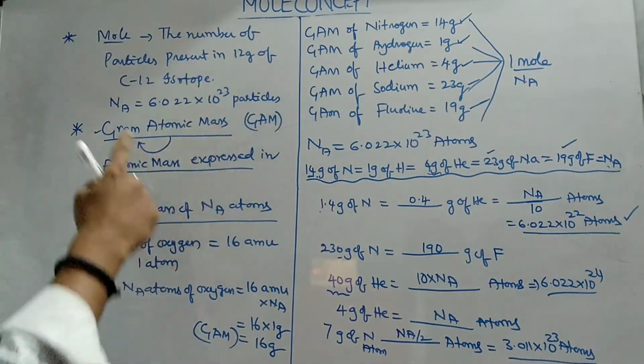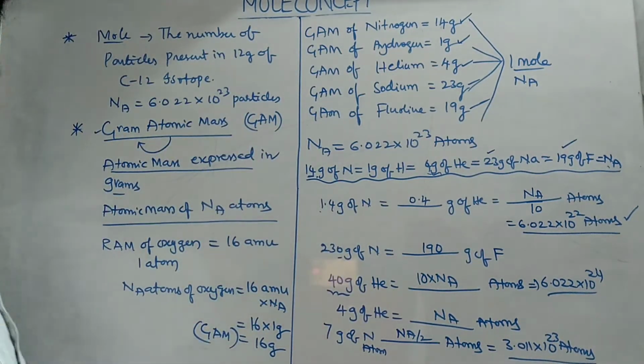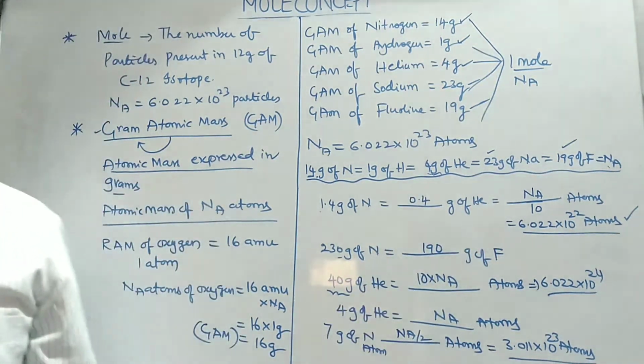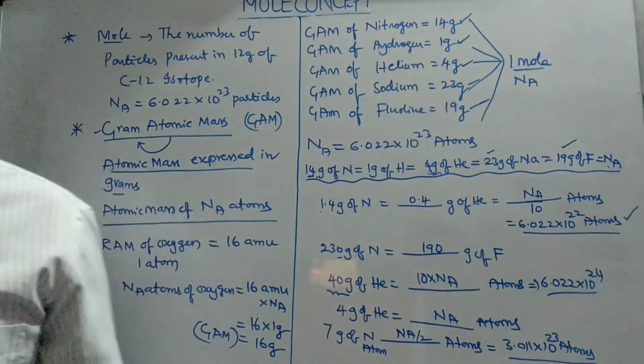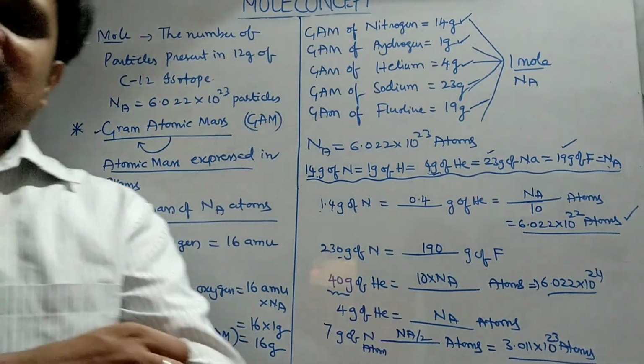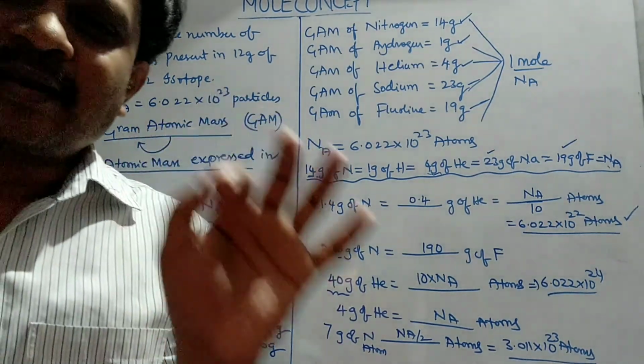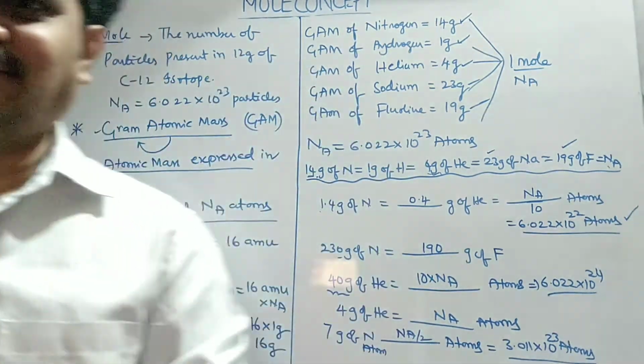The atomic mass which is expressed in grams is called gram atomic mass. I hope you understood these examples in this class. In the next class we will discuss gram molecular mass.